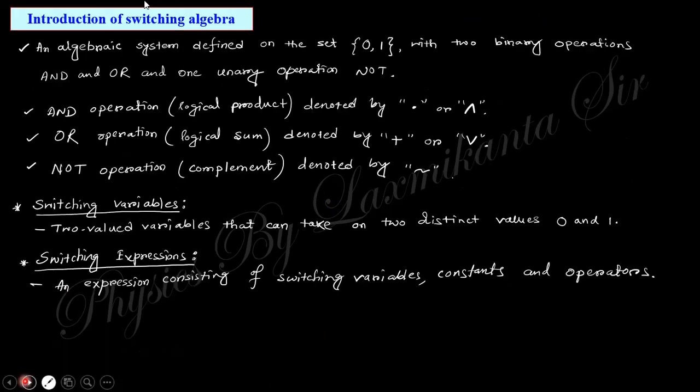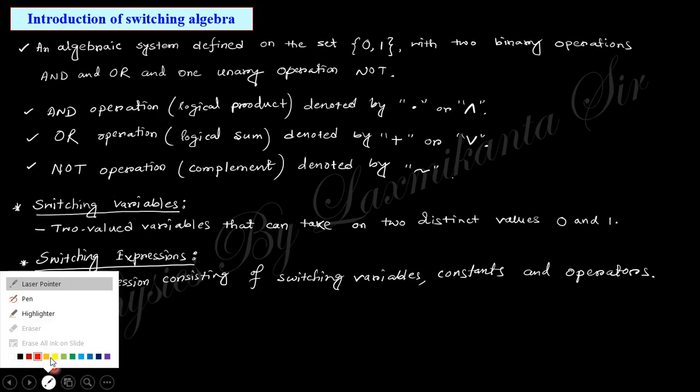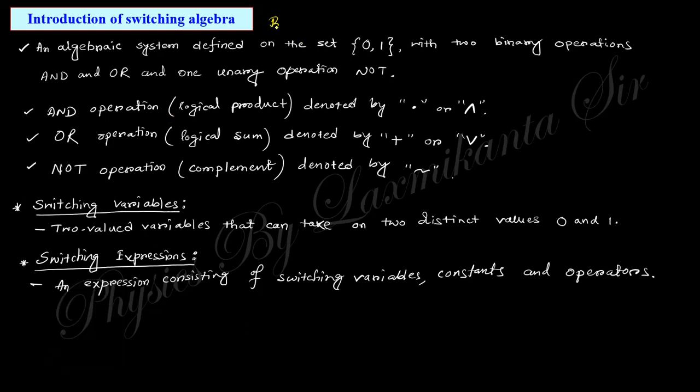Next topic is the introduction to switching algebra. Switching algebra is nothing but Boolean algebra. In Boolean algebra there are three operations: AND and OR, which are binary operations, and another one, NOT, which is a unary operation.